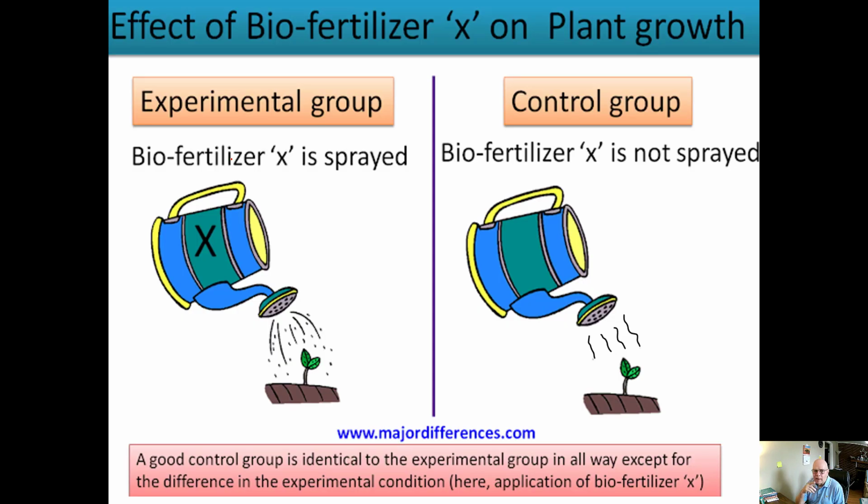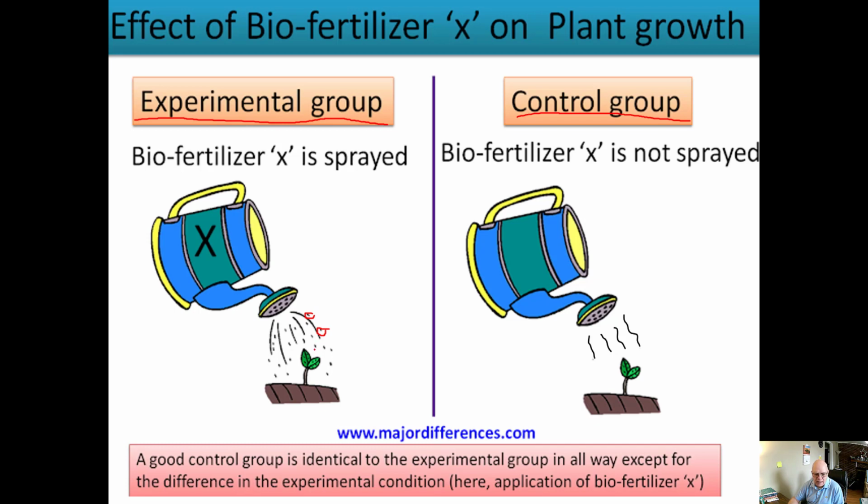First of all, we've got an experimental group and a control group. In other words, this group is having the actual treatment done. The control group does not have it done. But the important thing is, it looks like the treatment is being done to both. Now I've adjusted this a little bit. Notice that in this first one it says biofertilizer X is sprayed. You've got these little dots here. That represents maybe the chemicals that are included with that spray.